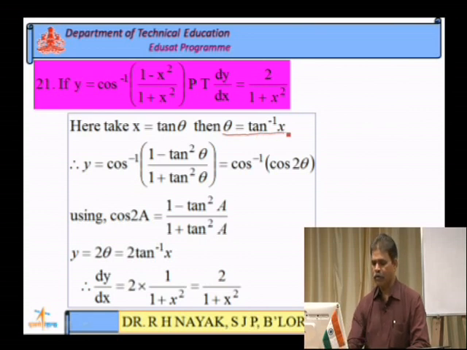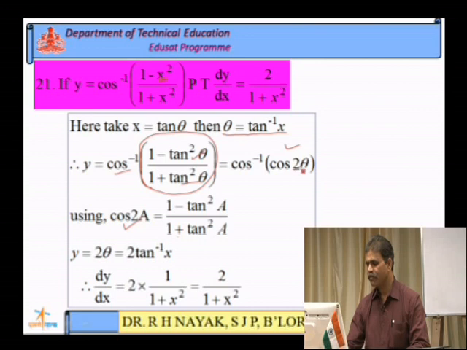Substitute in the problem y is equal to cos inverse of 1 minus what is x? x is equal to tan theta, therefore it becomes 1 minus tan square theta divided by 1 plus tan square theta. As we know that cos 2a is equal to 1 minus tan square a by 1 plus tan square a, according to that, I will take cos inverse of this as cos 2 theta, right.